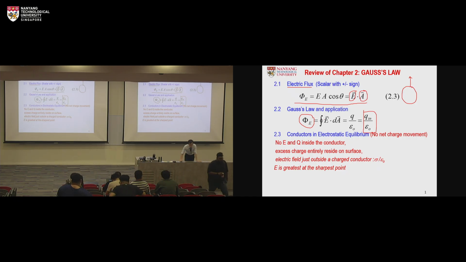And of course, for the same closed surface, we can also determine the total flux by using this. This is the so-called definition of electrical flux. So then you can build up this relation. This one equals this one. Both are the electrical flux penetrating through a closed surface.